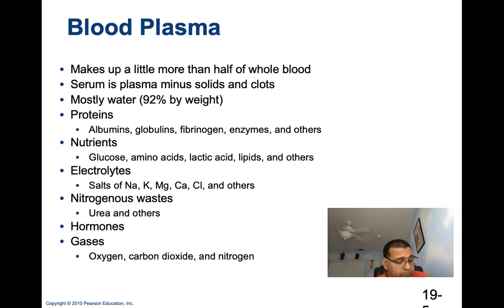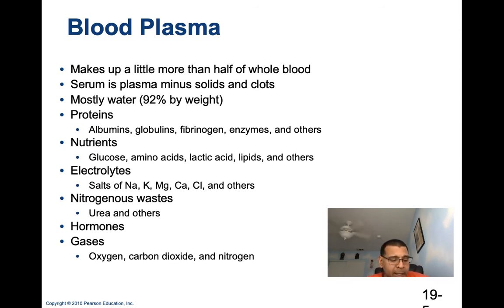And this will include substances, again, organic, so you should recall from bio as well, carbon is a backbone, right? This includes glucose and other simple carbs, amino acids, fatty acids, cholesterol, and vitamins.